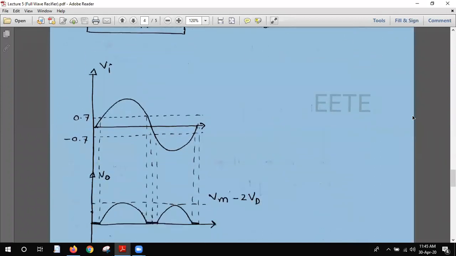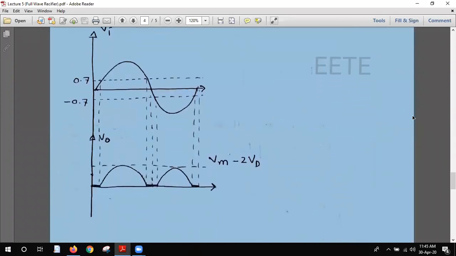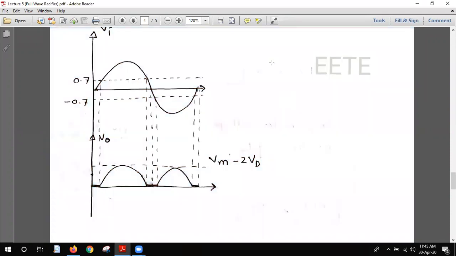Okay, so this is the output diagram, how it changed. We have already shown that. Let me draw one more time.